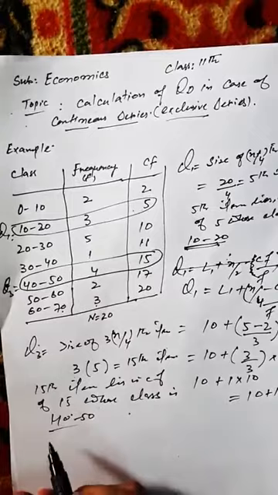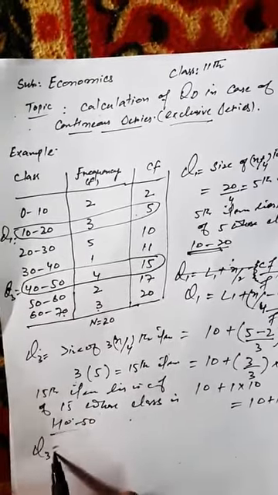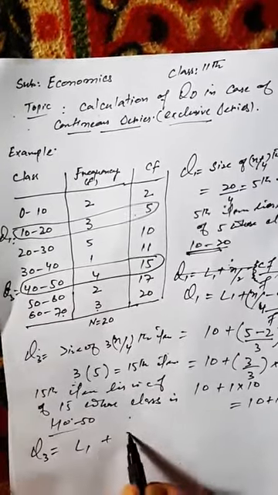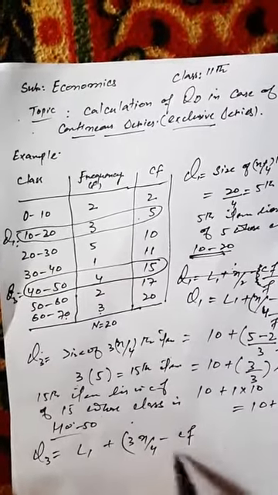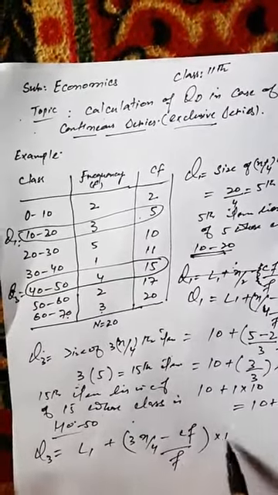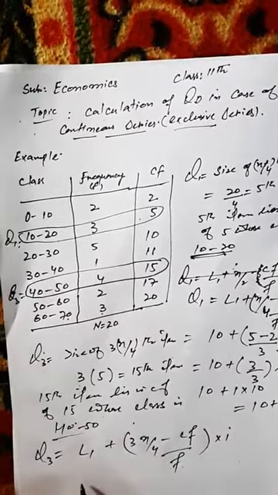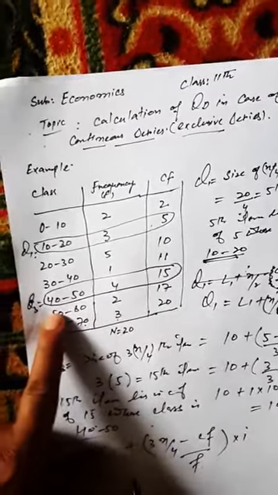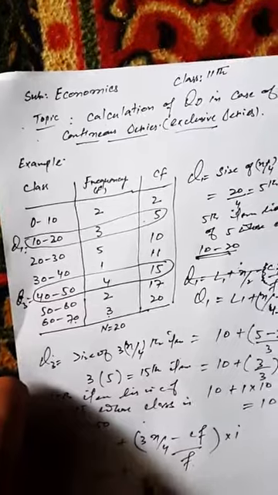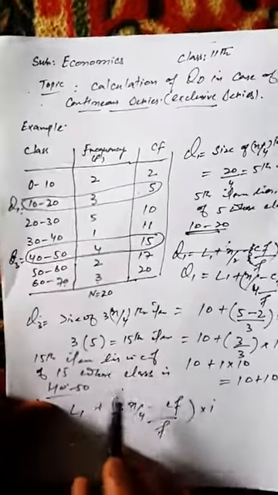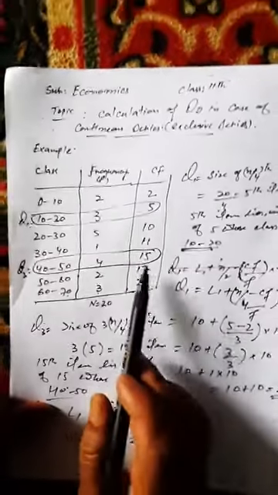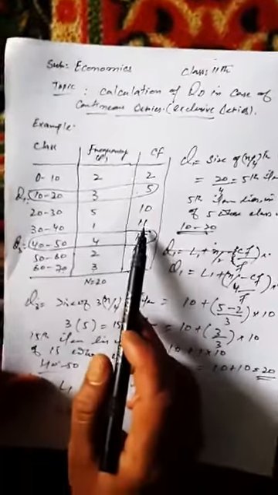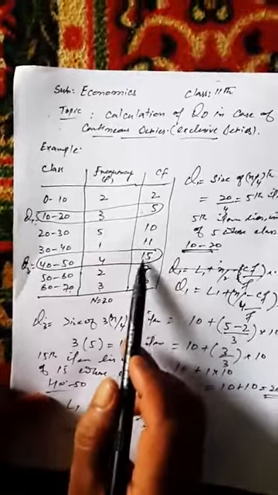So we will write here the formula for calculating Q3. Q3 is equal to L1 plus 3n by 4 minus Cf divided by F into I. L1 is again the lower limit, that is 40 here. Plus 3n by 4, which we have already calculated, is equal to 15, minus Cf, the cumulative frequency of the class preceding the Q3 class, that is 11 here.